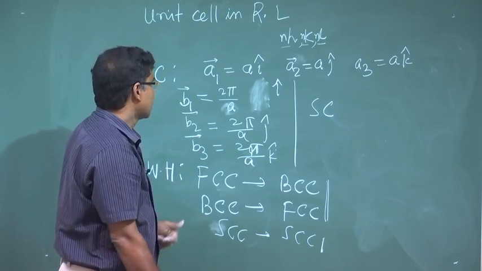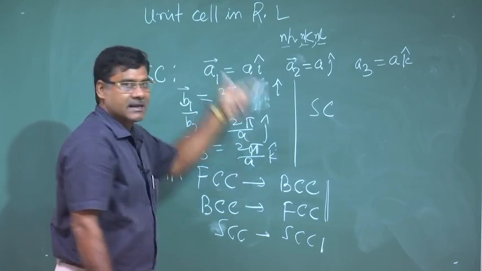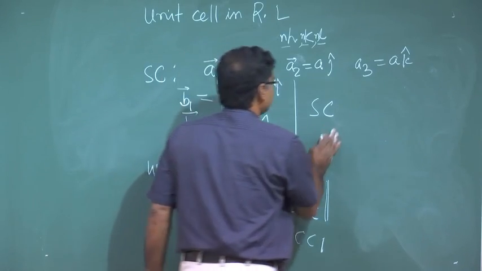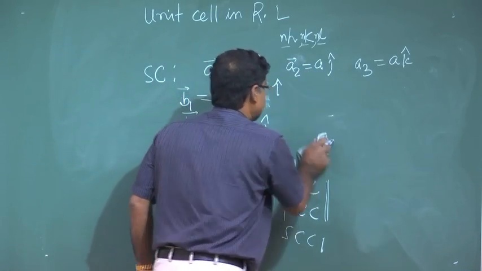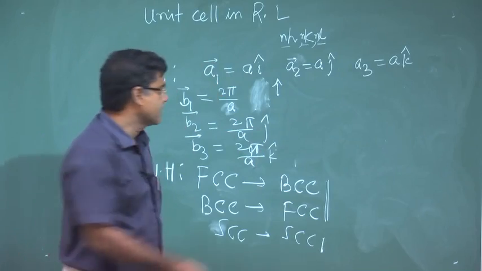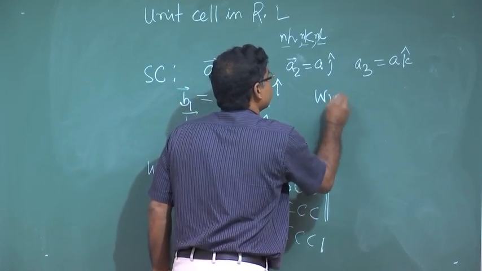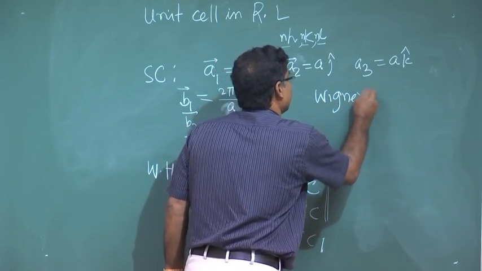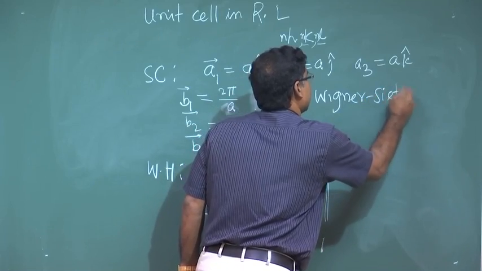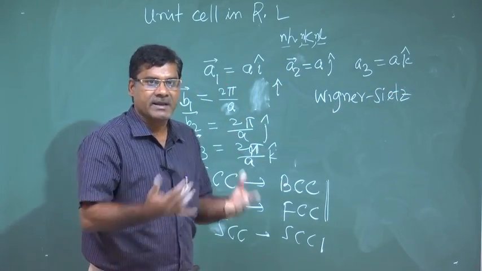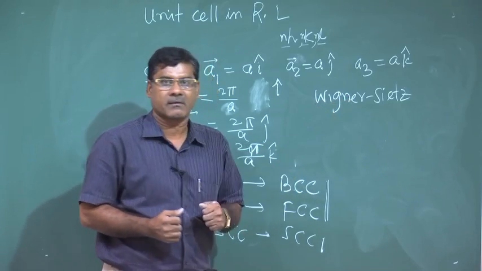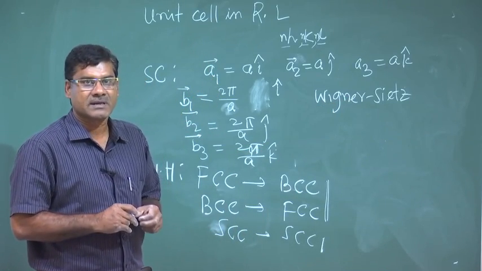Okay. So, as I mentioned, the Wigner-Seitz cell is a primitive cell. For any lattice one can find the Wigner-Seitz cell.